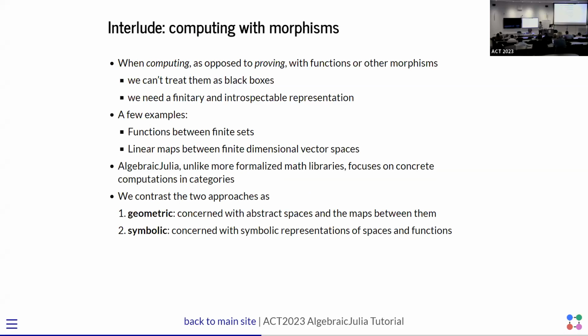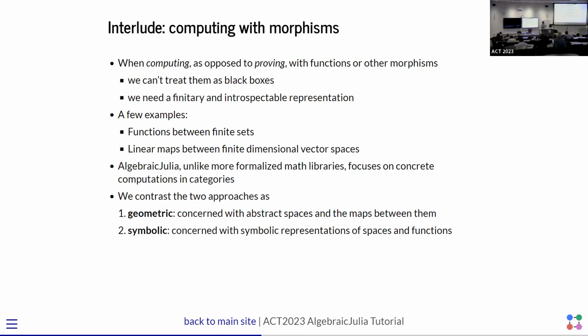So a little interlude here about how we work computationally. In mathematics, it's typical to think of functions as sort of black boxes. You put in inputs, you get out outputs. That's all that you can really say about them. This does not suffice for many computational purposes. You really need to know what's inside that box. You need to be able to introspect on it and understand something about what it's doing. When computing, we're typically honing in on some smaller class of functions or morphisms that are introspectable.